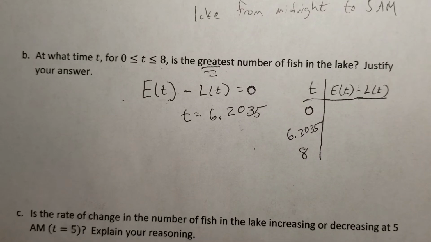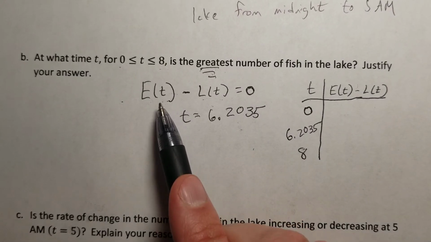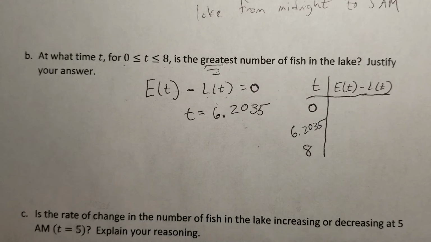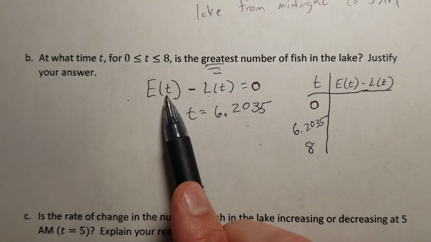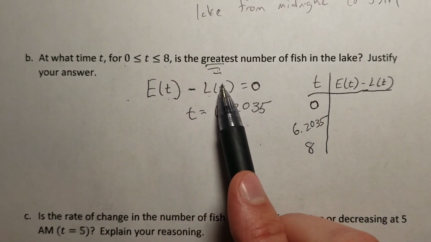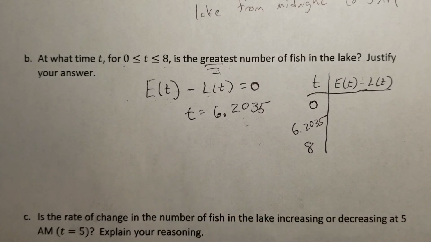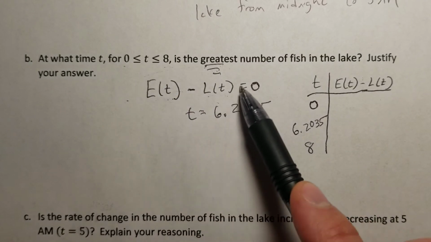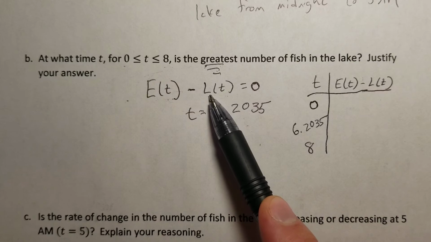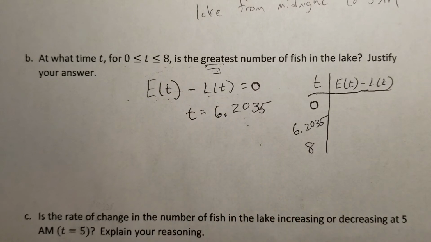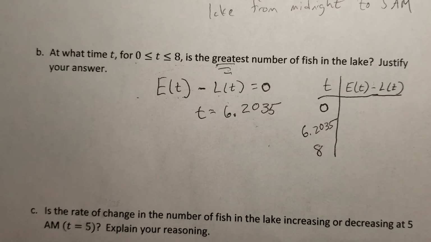Now, I want to be able to go ahead and find out what the total number, or the greatest number, of fish is going to be, which means that I need to go back to an original function level. Now, my equations that I'm given for E of t and L of t, those two ugly looking functions up above, those are rate equations, which means that if I'm trying to go from a rate equation to an original function level, I want to go ahead and integrate my function.